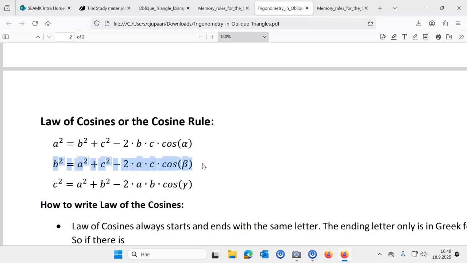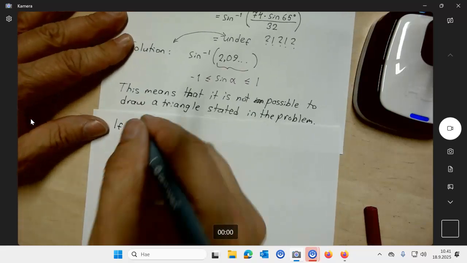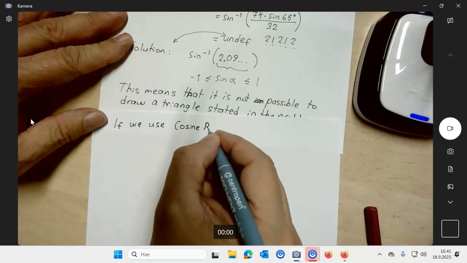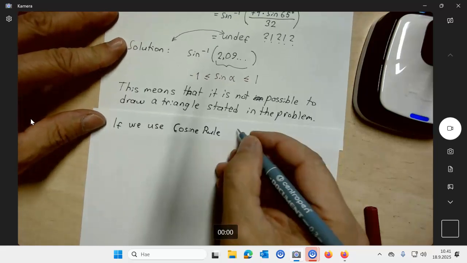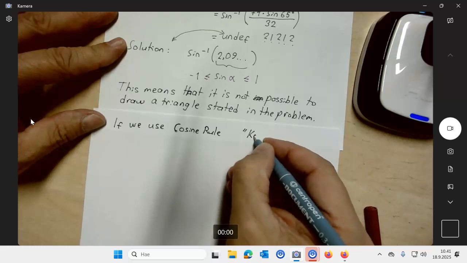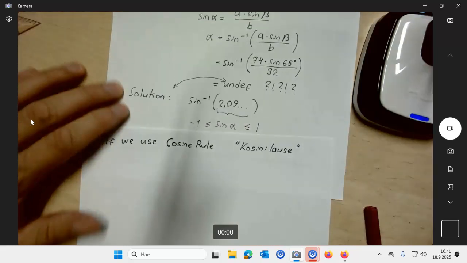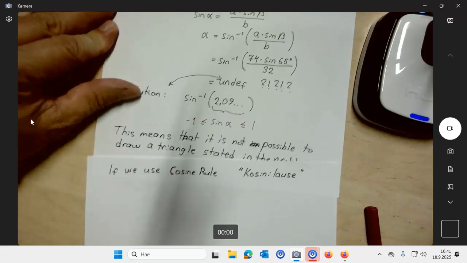If we use the cosine rule, or law of cosines, in Finnish it is cosinilause, the same logic as in sinilause here, cosine theorem in Finnish.